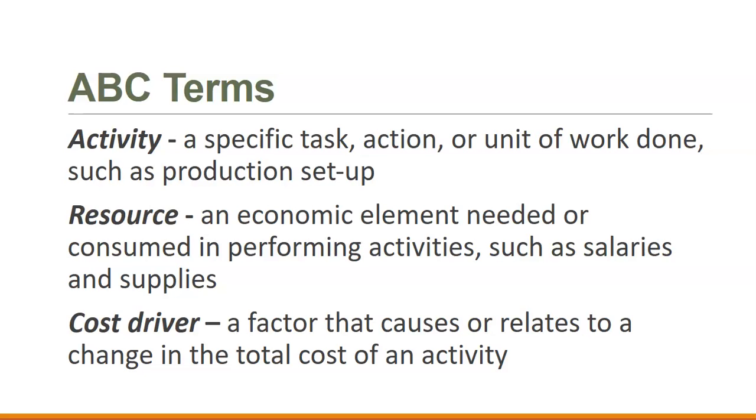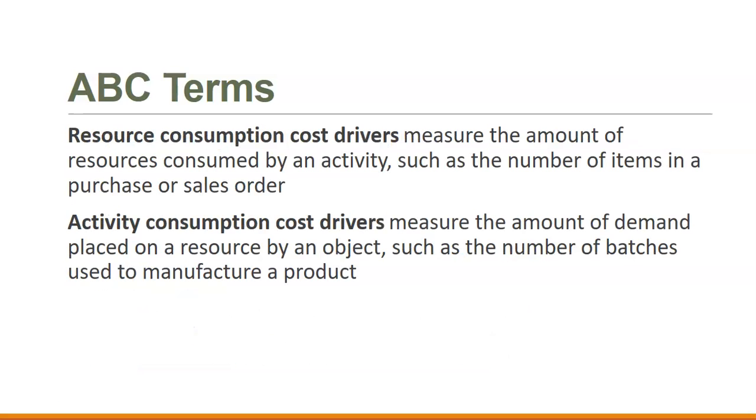For example, if we have robotic automation in some of our production activities, then we know that the machine hours are a better cost driver for that activity than the use of direct labor hours, because with the robotics, the machine hours are doing the job, thus driving that activity. We look at resource consumption cost drivers and activity consumption cost drivers when we're making decisions about our activity-based costing system.